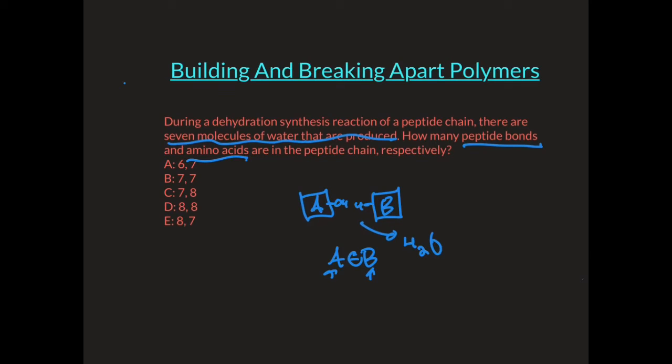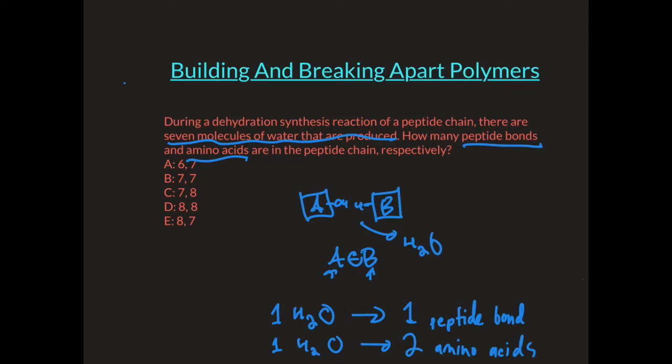So now that we know this, we can almost label a separate equation to model this. So we know that for every 1 H2O, we get 1 peptide bond, and for every 1 H2O, we have 2 amino acids.